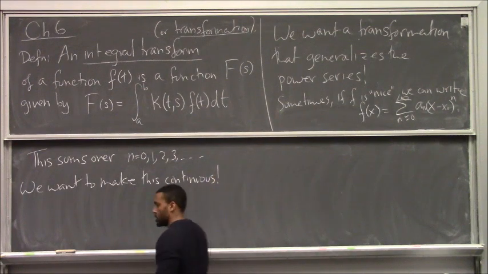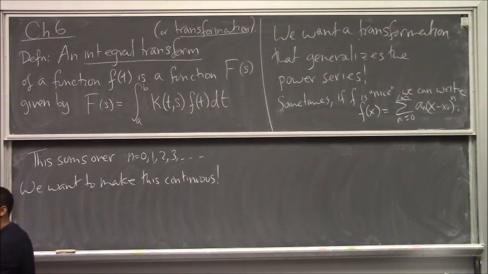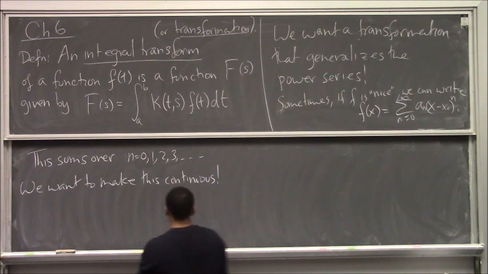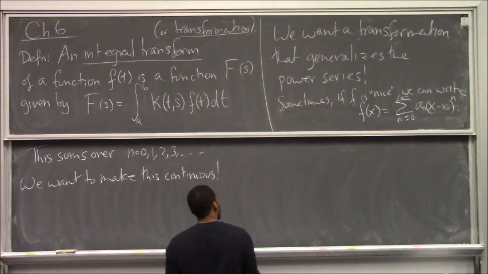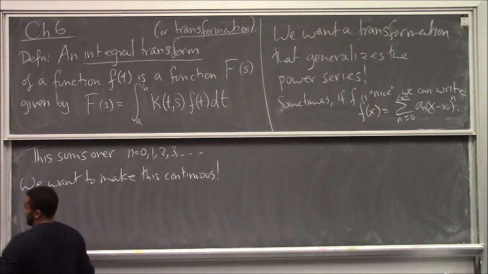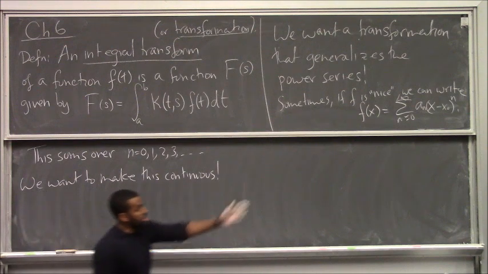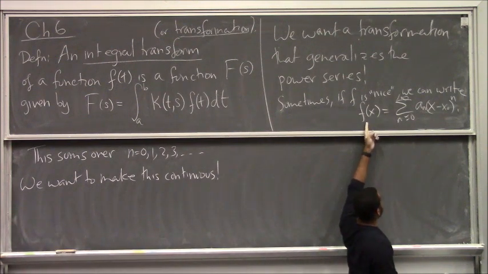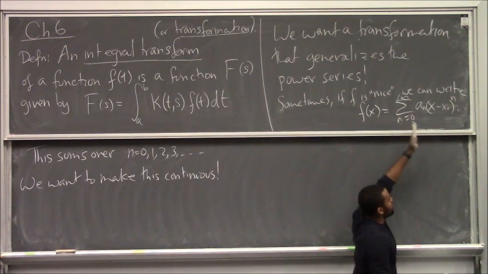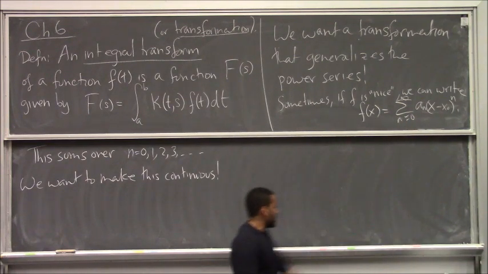What if I don't just want to sum over the integers? What if I want to sum over any real number? What would that look like? Create a power series, an integral. Okay, so I pretty much want to look at this as a series that doesn't depend on discrete values, right? n equals 0, n equals 1. But no, I want it to work on anything.